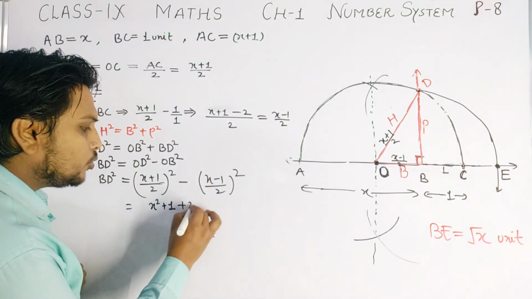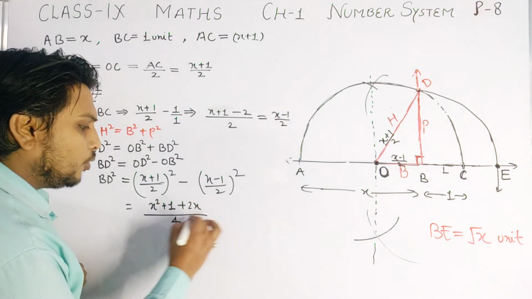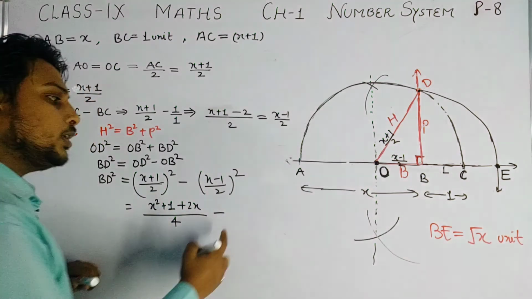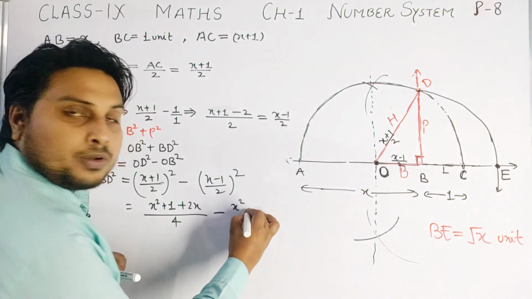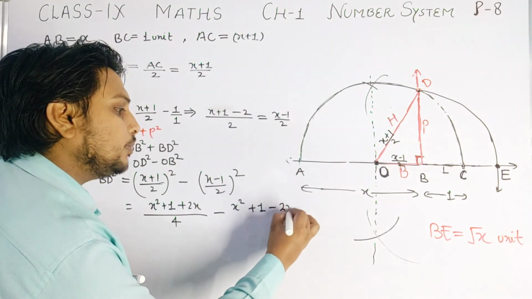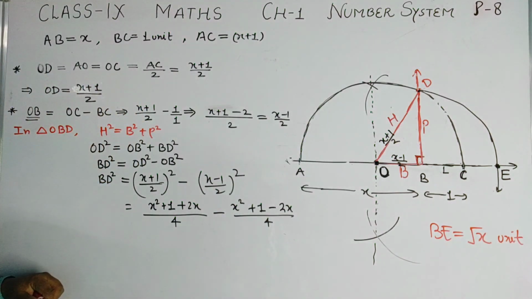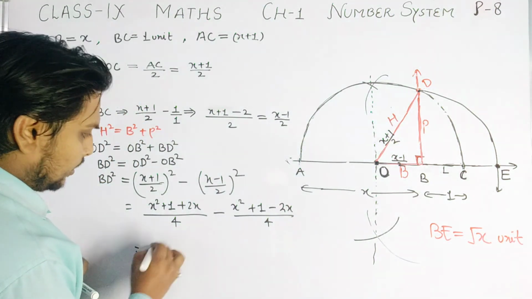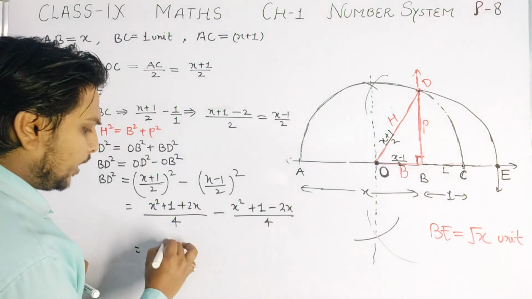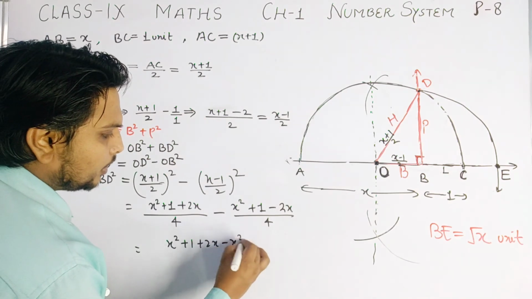Here we get x square plus 1 square, that is 1, plus 2ab, upon 2 square, which is 4. In the same manner here, we get x square plus 1 minus 2x upon 4. As you can see, the denominators are both 4, so we can operate directly. So x square plus 1 plus 2x minus x square.